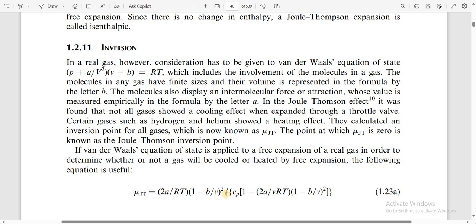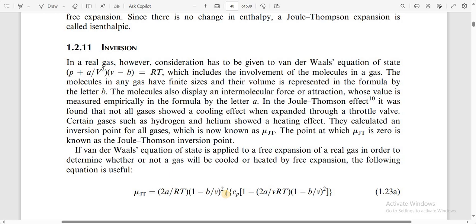In the Joule-Thomson experiment, it was found that not all gases showed a cooling effect when expanded through a throttle valve. Certain gases, such as hydrogen and helium, showed a heating effect. They calculated an inversion point for all gases, which is now known as μ = (∂T/∂P)_H. The point at which μ is 0 is known as the Joule-Thomson inversion point.